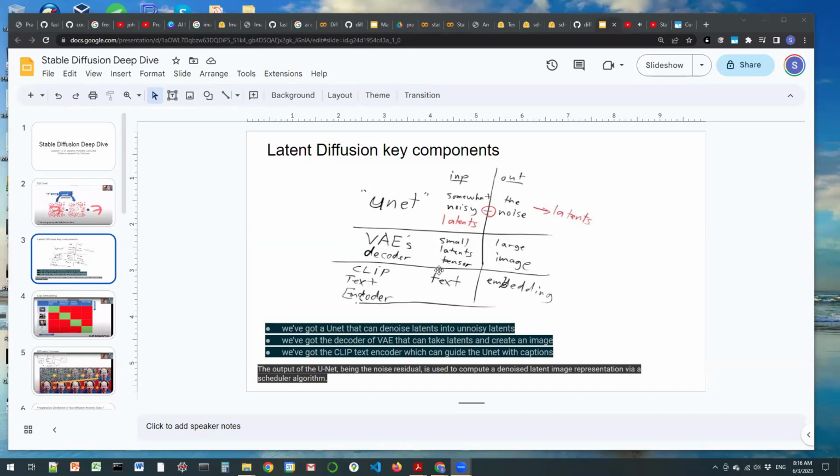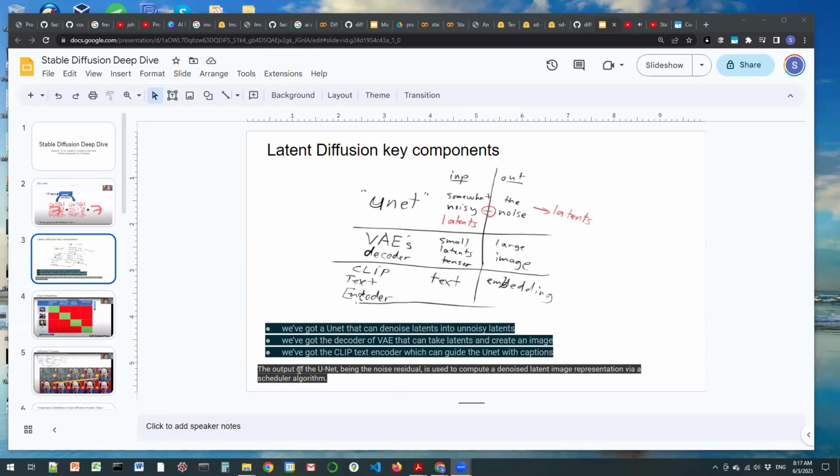The latents are smaller, therefore more economical in terms of compute, and out comes the large image from the VAE decoder. And the CLIP text encoder is what is used to guide the process so that we get the relevant image we are seeking, but it is essentially used to convert the text that we input into an embedding.